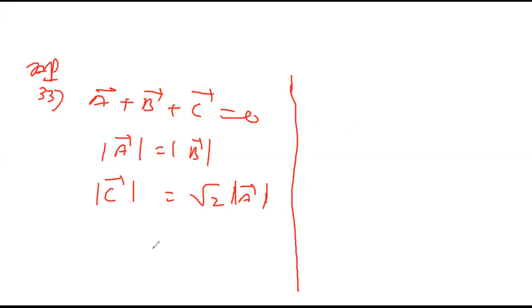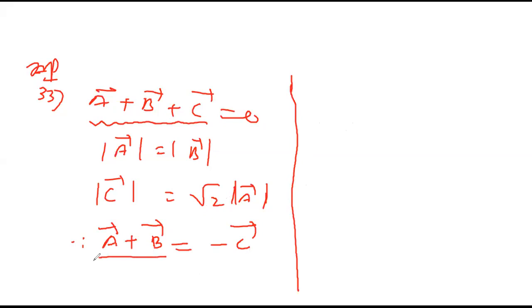We usually write B. Now see, you are not wrong. The common mistake is that. If the sum of 3 vectors is 0, that means the sum of the 2 vectors must be opposite to the third. This is the meaning. I told you A and B are equal, and the result is root 2 times. That means the 2 vectors must be perpendicular. That is for sure.